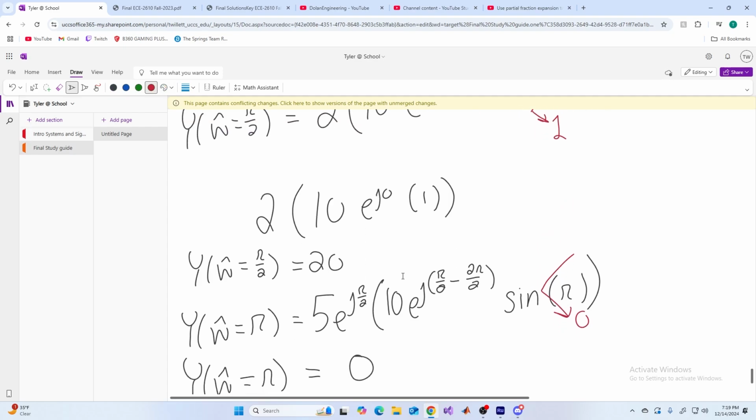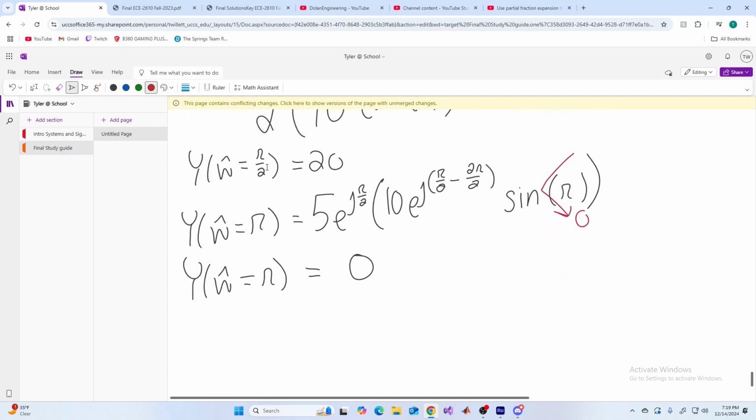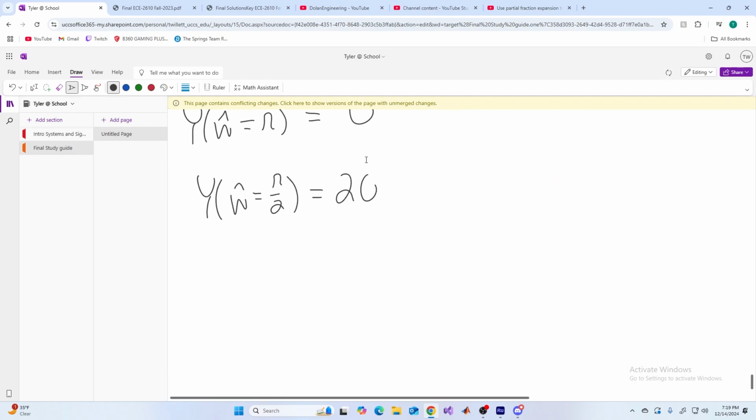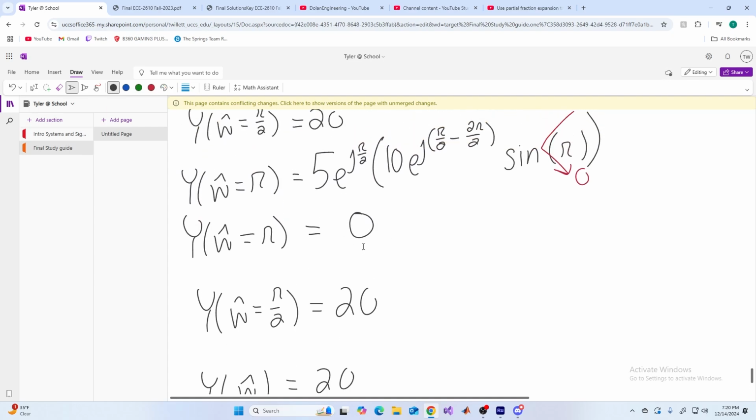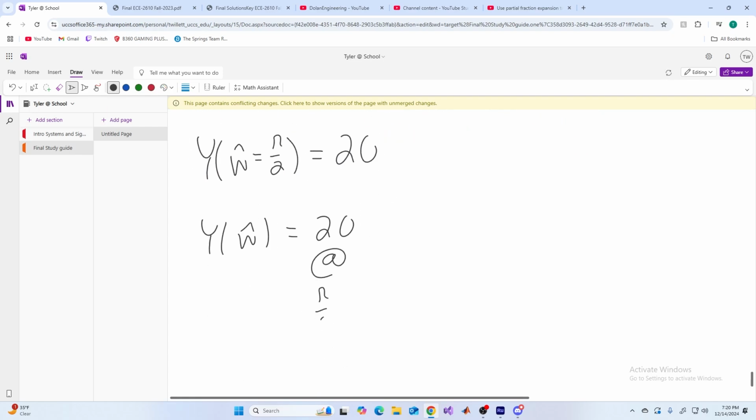So the only thing left that I have is w hat of pi over 2 equals 20. Everything else is equal to 0. So I have my final answer: y sub w hat equals 20 at w hat equals pi over 2.